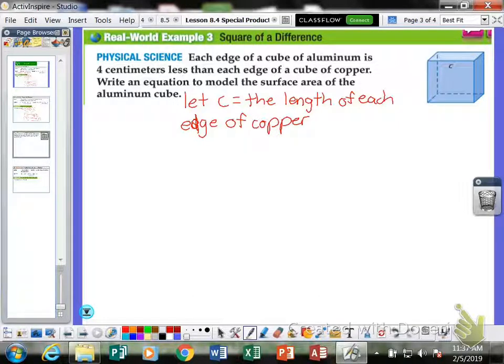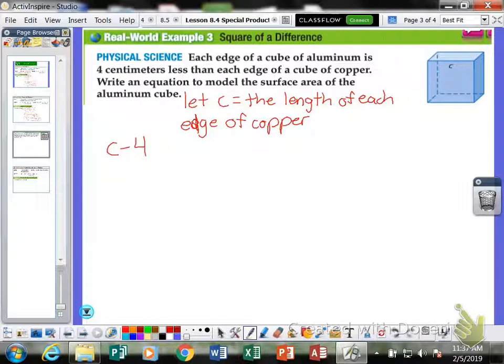If we let C equal the length of each edge of copper, we know each edge of the cube of aluminum is going to be C minus 4.